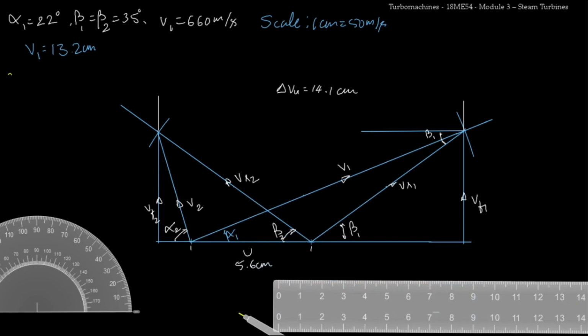So here CB is given as 0.85, which is equal to VR2 divided by VR1, which says that VR2 will be equal to 0.85 times of VR1. Since we know the length of VR1, we can measure it.